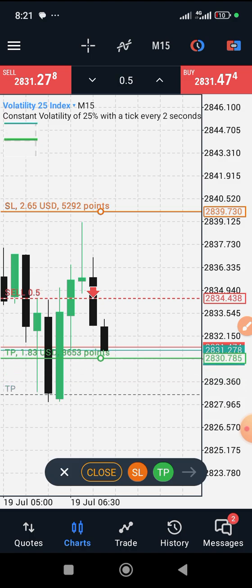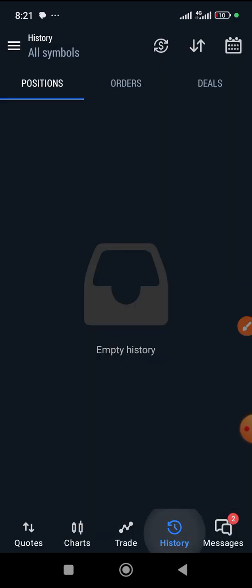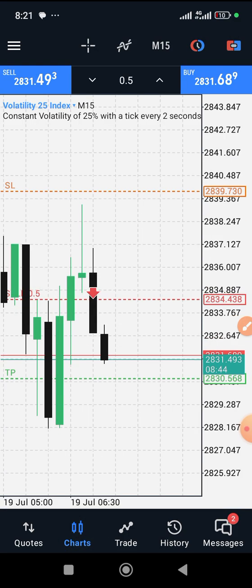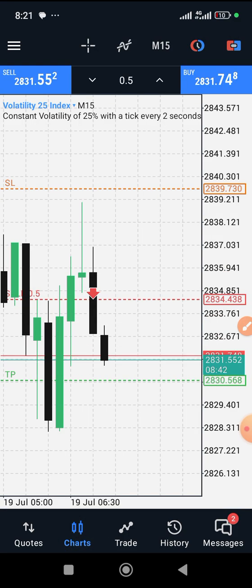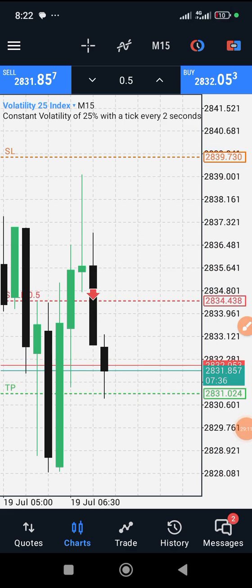So let me show you. Let me put the TP here. Let me show you so that you see it in real time, if the market price is going to get to that point. I adjusted the TP inside the candlestick, for explanation's sake.